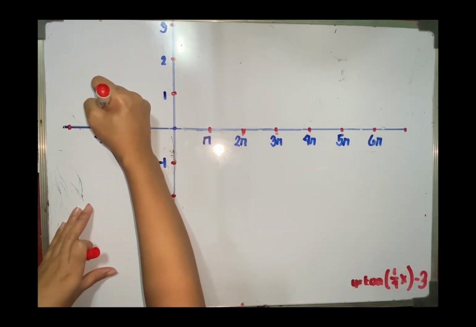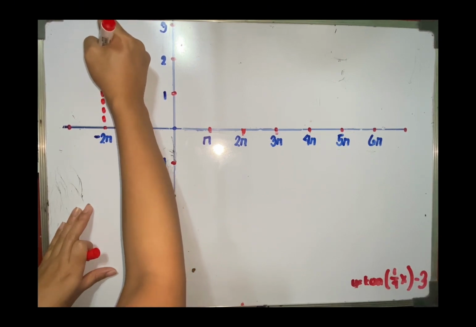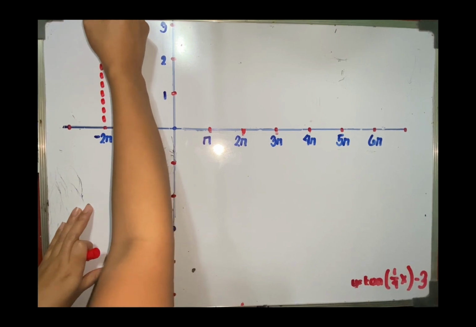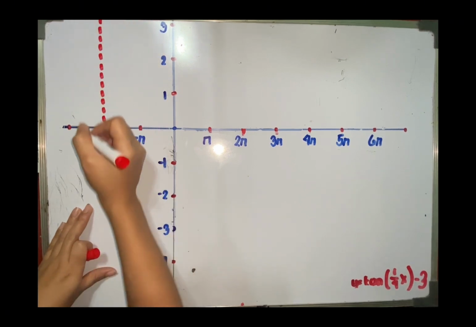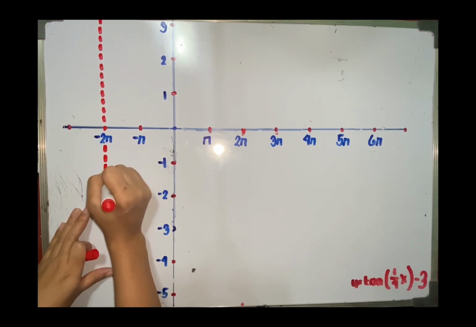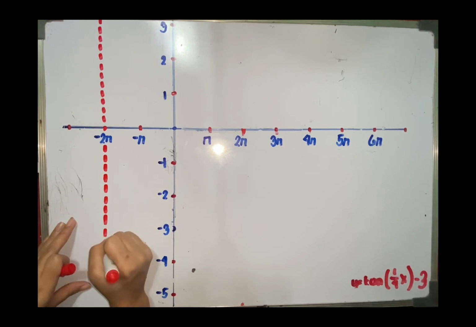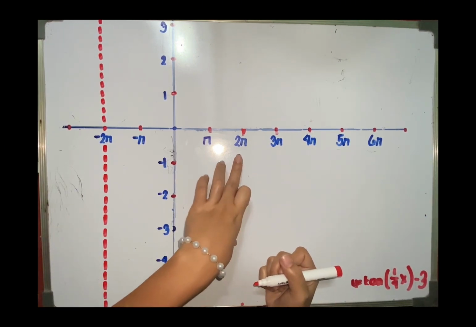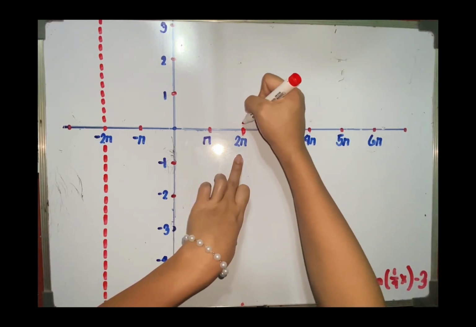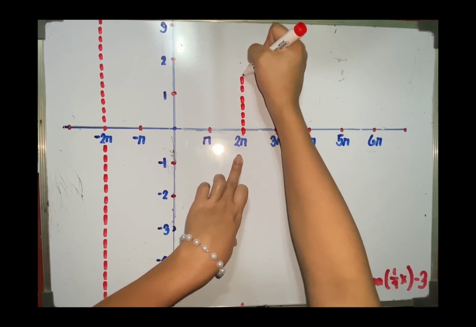So let's mark negative 2 pi since it is our undefined and our first asymptote. Then let's do it as well for our second asymptote, which is located at 2 pi.